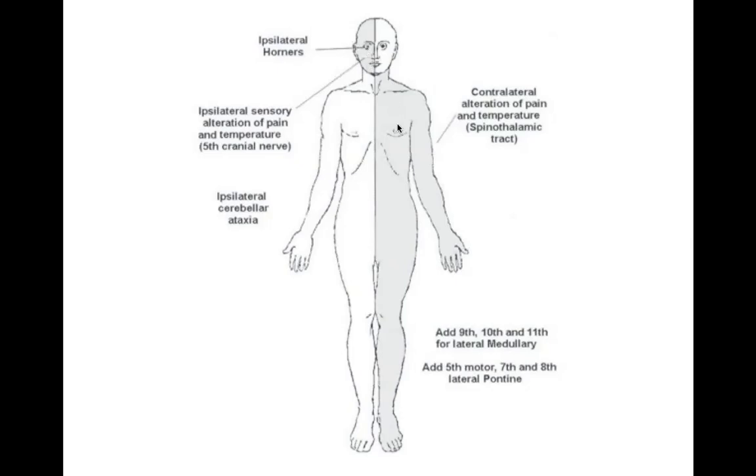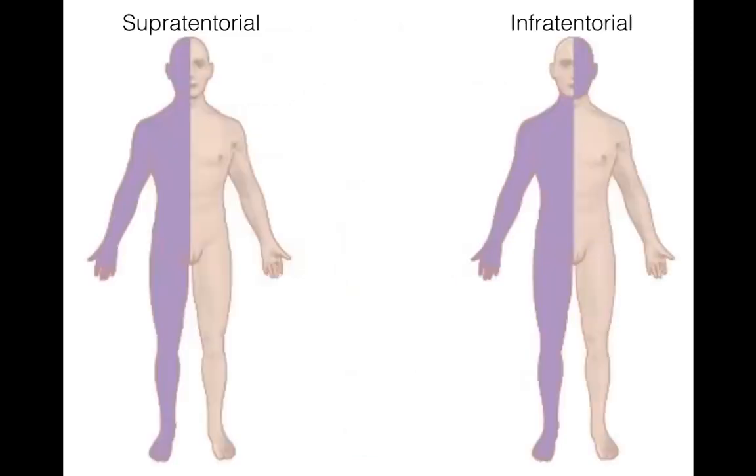So it is alternating. This is characteristic of a lesion that is affecting the brainstem. Comparing supratentorial versus infratentorial visually, for supratentorial, the manifestation is all contralateral to the site of the lesion, whereas for infratentorial, it is alternating: ipsilateral above the neck, contralateral below the neck.